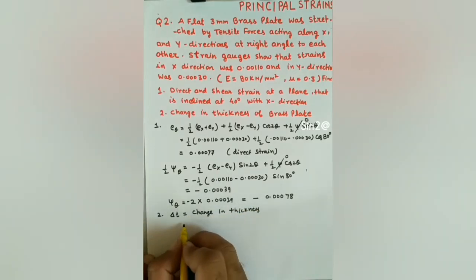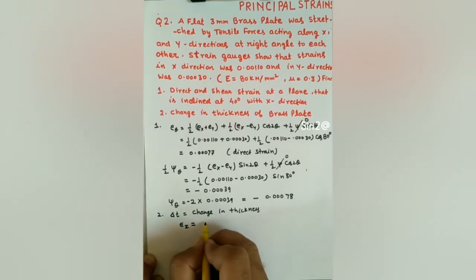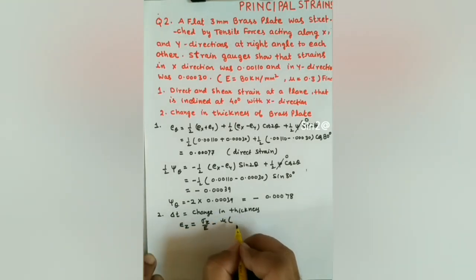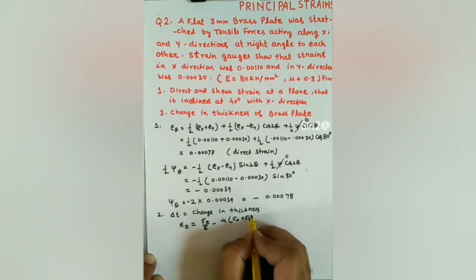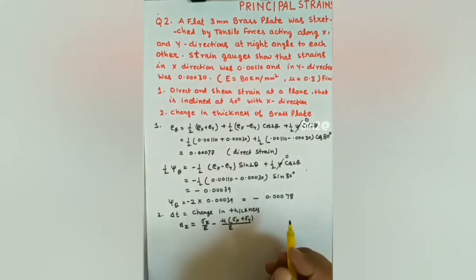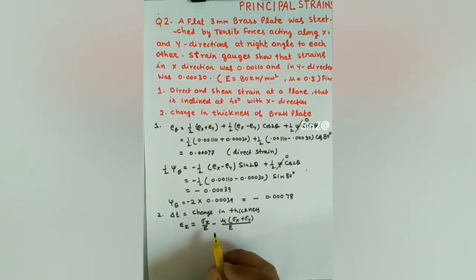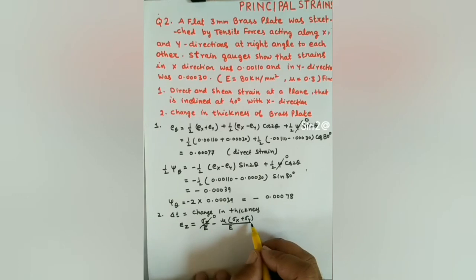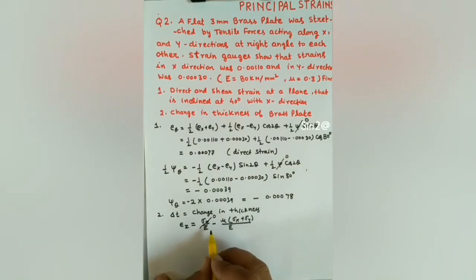Change in thickness can be written as epsilon in z direction, which will be equal to sigma z by E minus mu (sigma x plus sigma y) over E. Since the plate is stressed in x and y direction only, so sigma z component is 0. We will have to find sigma x and sigma y, that is stresses in x and y directions. Then we will be able to find out the change in thickness.